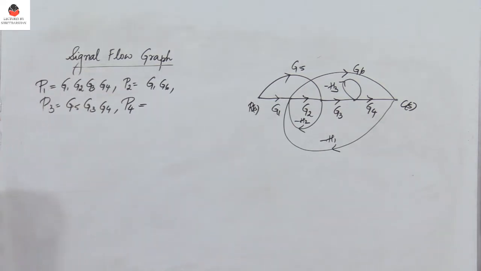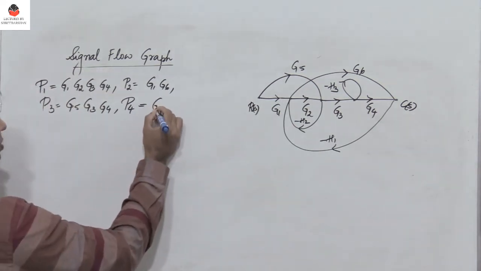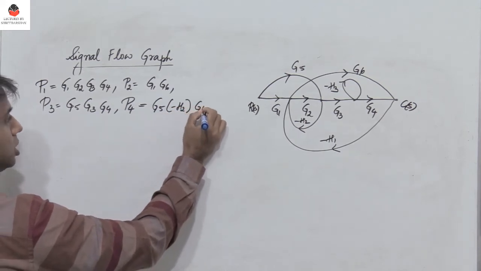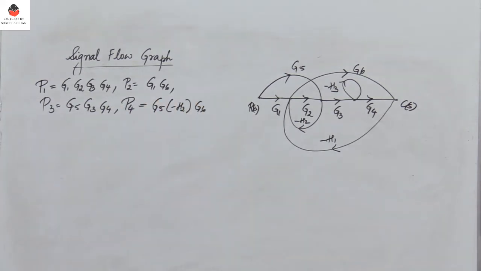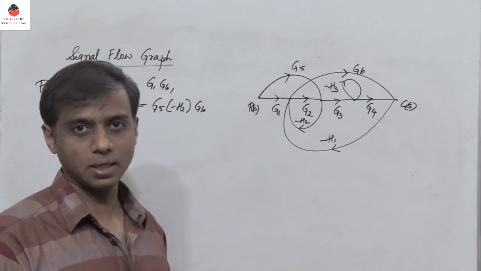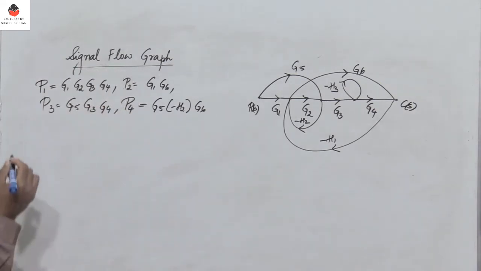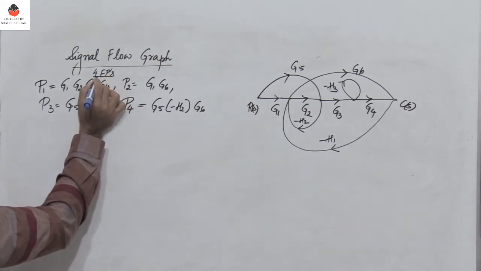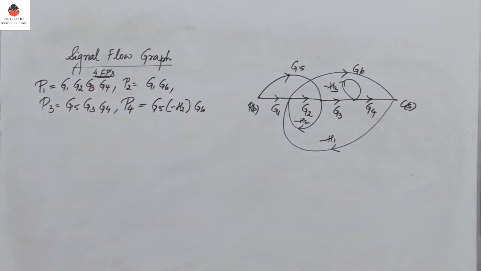So I have G5 into minus H2 into G6. The first thing we need to do is identify the forward paths and get the forward path gains. There are basically 4 forward paths, and these are the forward path gains.